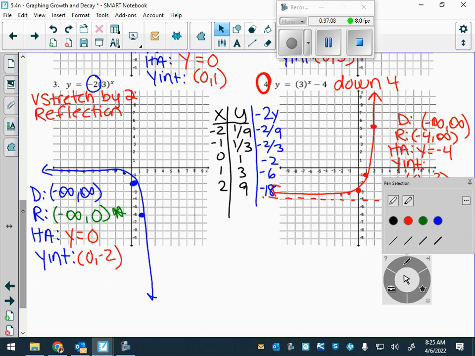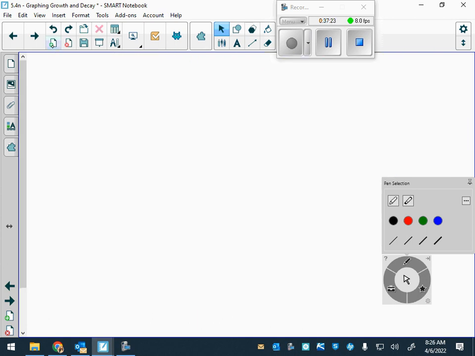You did identify domain, range, horizontal asymptote, and y-intercept. Okay. You do have practice. Starting on page 4. Okay. So on page 4, in your notes, 5 through 8. Oops. Page 4, number 5 through 8.